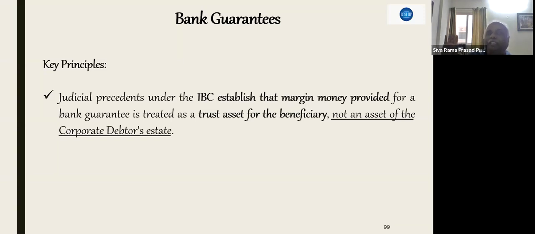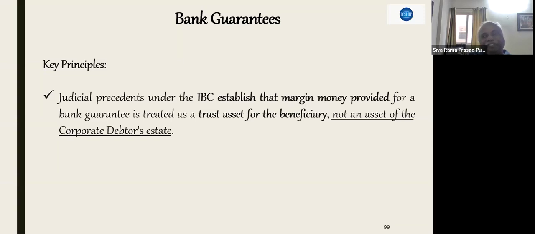Suppose you are handling one CIRP, and that company has taken a 50 crores bank guarantee, with a 100% cash margin, a 50 crores fixed deposit. You cannot say CIRP prevails over other acts, so give that 50 crores fixed deposit to us. No. That's why judicial precedents under the IBC established that the margin provided for a bank guarantee is to be treated as a trust asset for the beneficiary and not an asset of the corporate debtor.